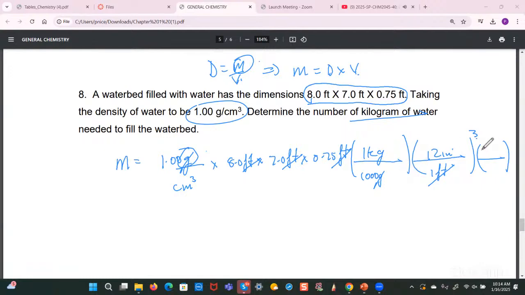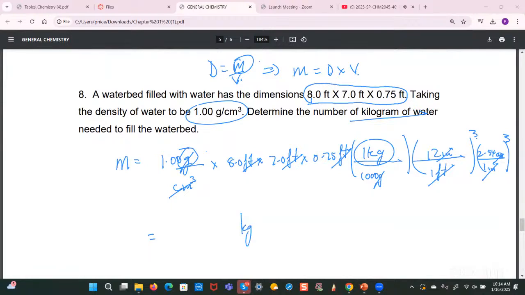And again, as we saw before, 1 inch is equal to 2.54 centimeters. Again, we have to cube that so that the inch cubed unit cancels, and the centimeter cubed unit cancels as well. Ultimately, the remaining unit will be kilograms, which is what the question is asking for.